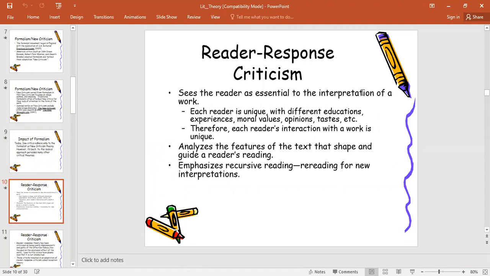Each reader is unique with different educations, experiences, moral values, opinions, tastes, and etc. Therefore, each reader's interaction with a work is unique. Now see that all of us in the world are unique in our temperaments, in our liking, disliking, in our opinions, in our values, even, and etc.